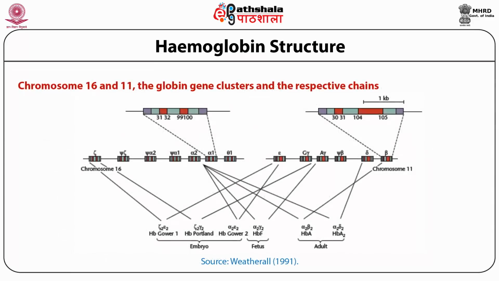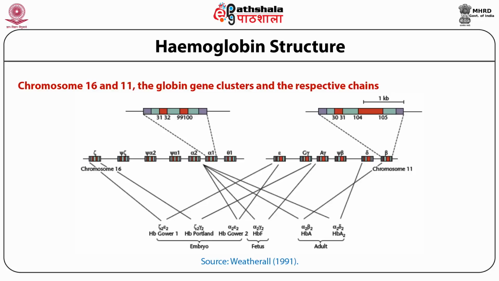Here you can see the figure where chromosomes 16 and 11 are shown. The globin gene clusters and the respective chains were also shown in the figure. The genes are arranged from 5' to 3' according to the timing of their activation.